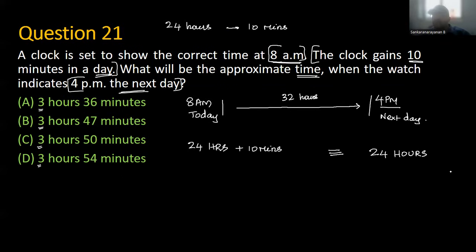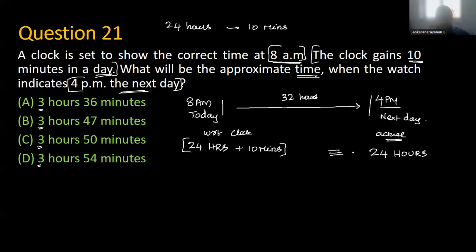Do you agree with me? Because in one day, 24 hours, the clock would have gained 10 extra minutes. So 24 hours plus 10 minutes as far as the clock is concerned. This is with reference to the clock I am saying. 24 hours plus 10 minutes. This is the actual time, that is 24 hours.